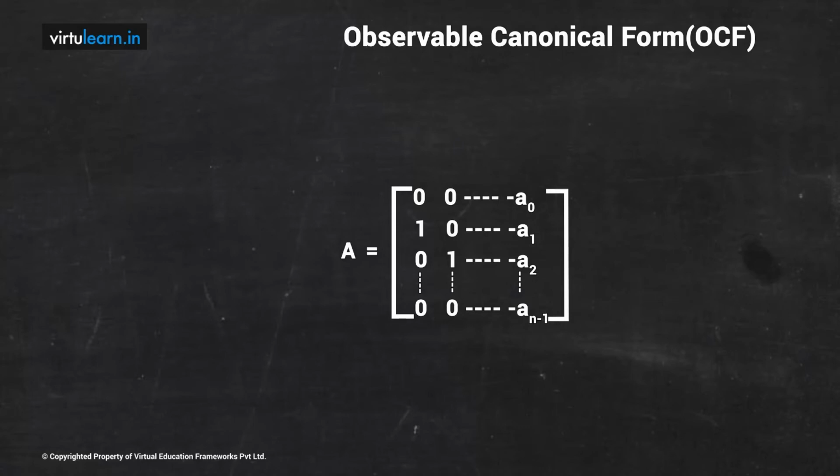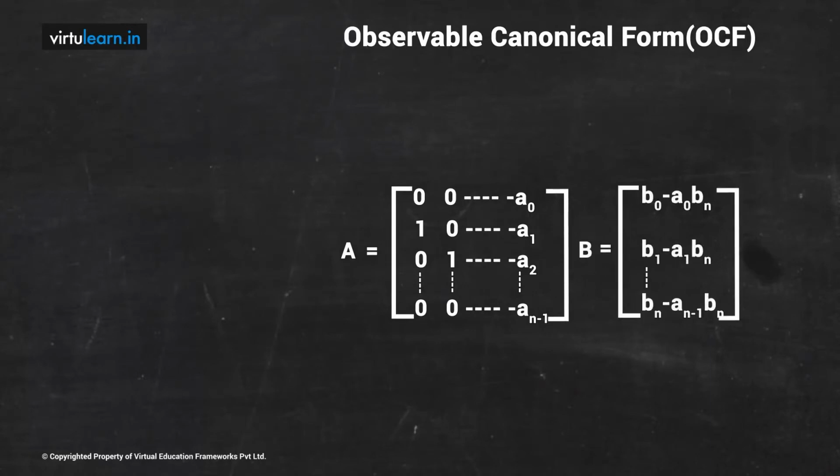Last column are minus a naught, minus a1, minus a2 up to minus an minus 1. And look at the B matrix: b naught minus bn a naught, b1 minus bn a1, and so on. So we will be writing the B matrix like this, and C of course is 0, 0, 0, and the last element is 1, and D matrix is bn.